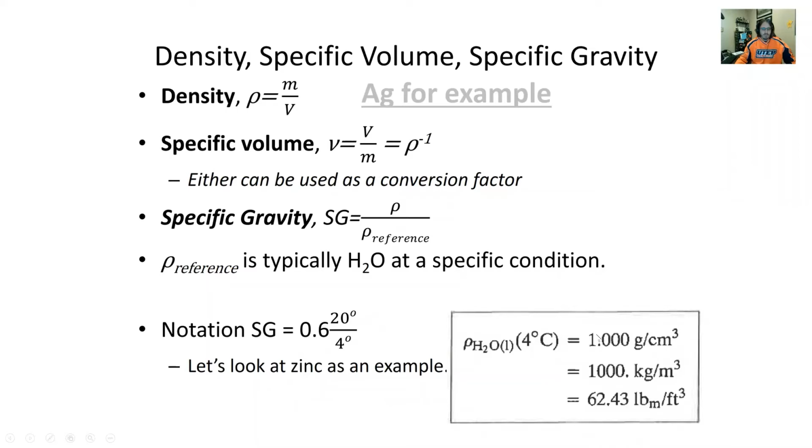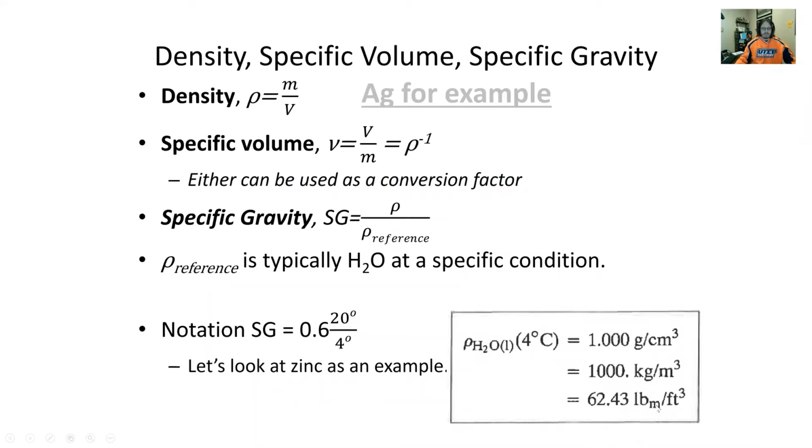We have this nice table that came, I believe, right out of the Felder and Rousseau book. It gives the density of water at 4 degrees centigrade in different units. This is the trick: it saves you conversions if you start working in kilograms or pounds.